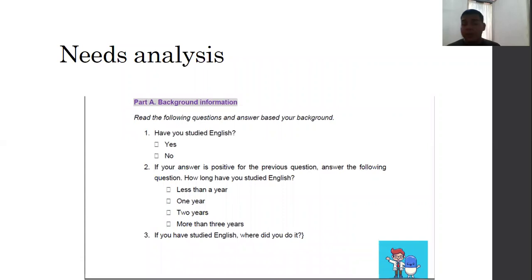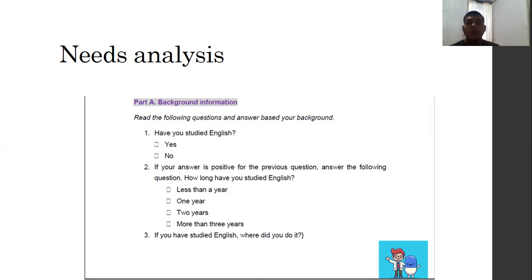So it has different parts. Part 1, or part A, is the background information. It has some questions with which I want to collect how they manage when performing their different skills in English, or how well they work in English. The first question is: have you studied English?